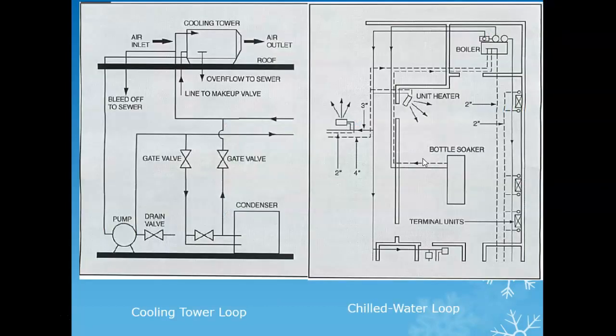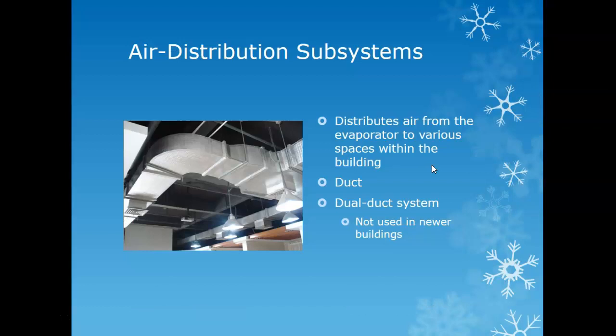I'll have to take a look at that. Air distribution subsystem. So this is what pumps air into this room, a subsystem of the total system. Okay? So this distributes the air from the evaporator to various spaces within a building.